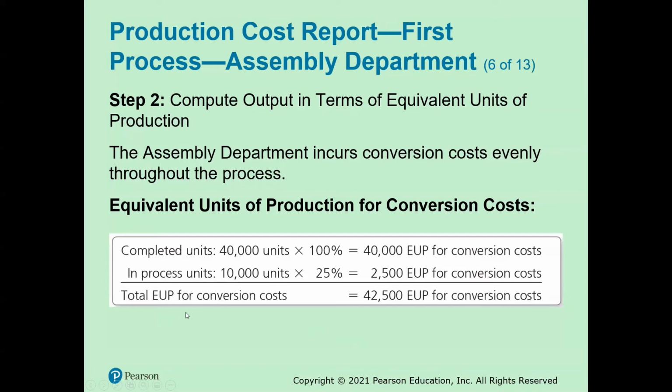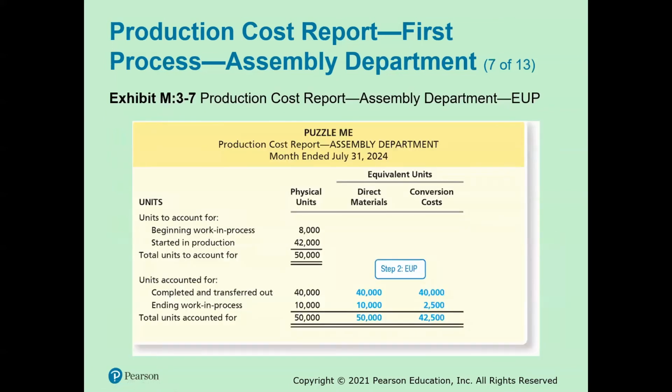So the total EUP for conversion cost is 42,500 EUP. Exhibit 3.7 that you see here shows how we use the information from step 2 to update the production cost report.